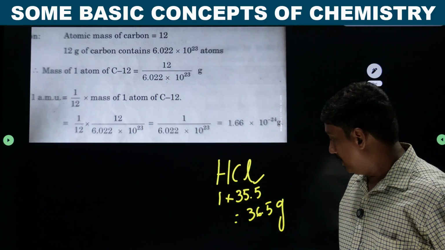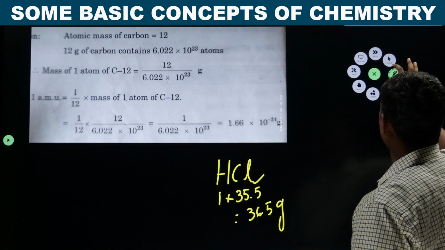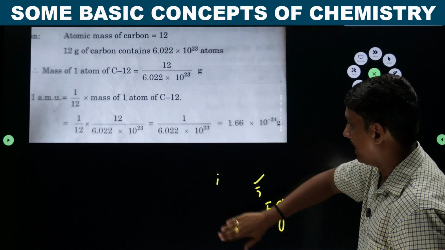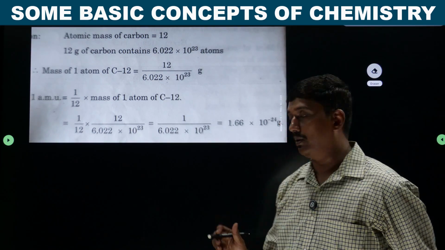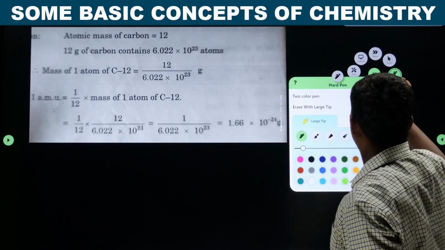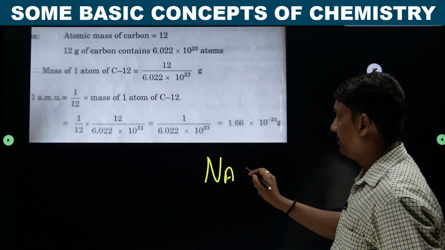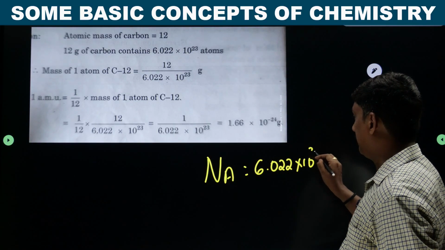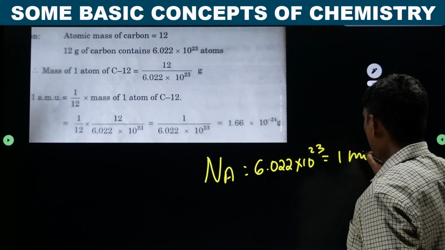Look here. You know 1 mole is equal to 6.022 into 10 to the power 23 molecules or atoms. This number is nothing but Avogadro's number. It is represented as Na. Avogadro's number Na is equal to 6.022 into 10 to the power 23, which is equal to 1 mole.